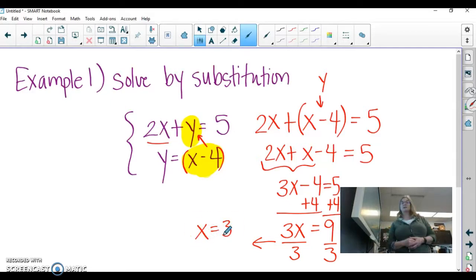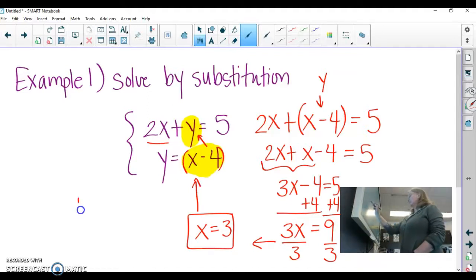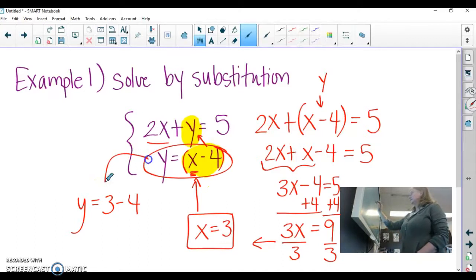But now remember, we're solving for an ordered pair, and all we have right now is the x coordinate. Put that in a box so you don't lose track of it. Now we need to solve for y. So we're going to substitute that value of x that we just found into either one of the equations, but the second one is going to be a little bit easier. So I'm going to find y by putting 3 in for x, taking this equation and substituting the value of x that we just found, and now I'm going to solve for y.